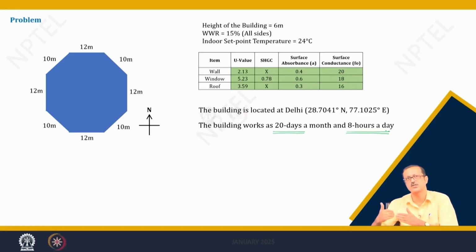So, there are 12 such data for each side, and 12 average monthly temperatures. Based on that I can calculate the monthly cooling load, and then finally the annual cooling load. Again, I have used the Excel sheet.